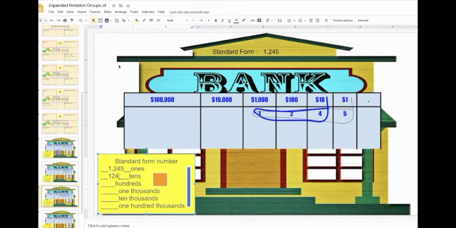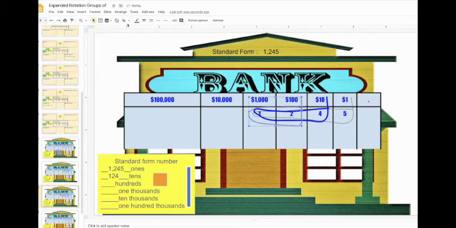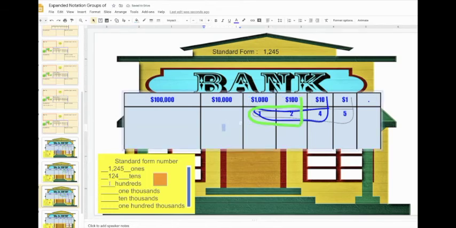All right. So then I want as many hundreds as I can have in this number. So I start at the hundreds place, circle everything to the left, and we're going to give it a color. We're going to make it a little thicker. How many hundreds is that?